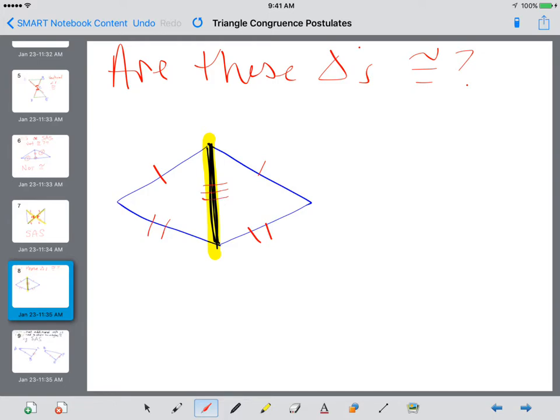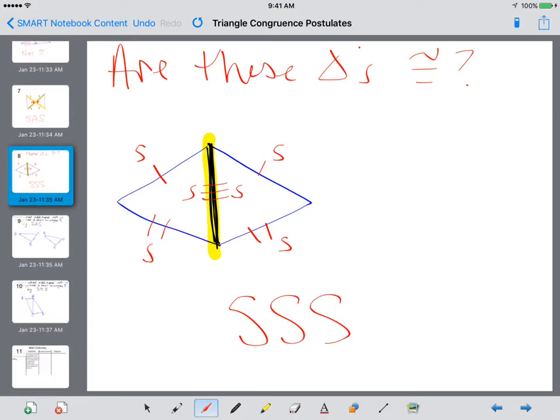There's already a side that has 2 tick marks. So I'm going to mark it with 3 tick marks, and I'm going to take a look at each triangle. It looks like I have a side, and a side. And on this triangle, I have side, side. Whoops, I went out of order there. Side, side, side. These two triangles will be congruent by side-side-side.